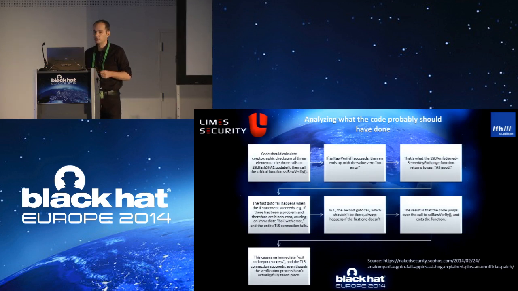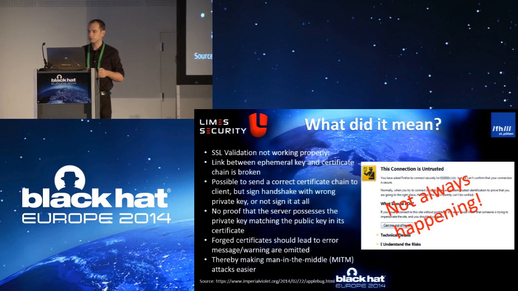The problem was that if the very first goto fail was triggered, this meant there had been a problem, the error was non-zero, and the connection wouldn't continue. In C, of course, the second goto fail always happens if the first one doesn't. So the result was that the code jumped over the different calls, and in the end the full SSL validation process didn't take place. Several checks just didn't go through.